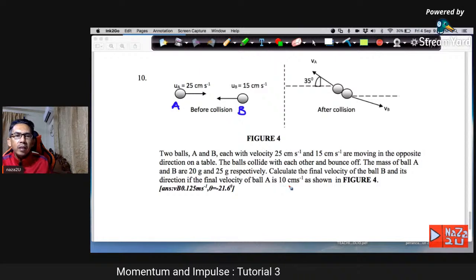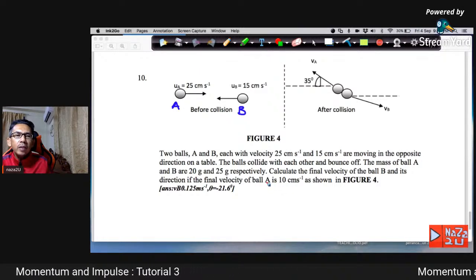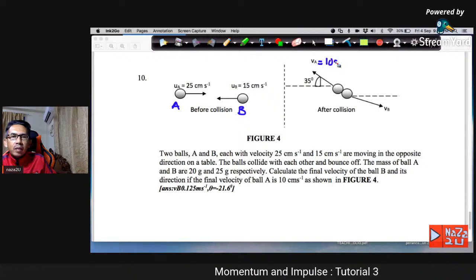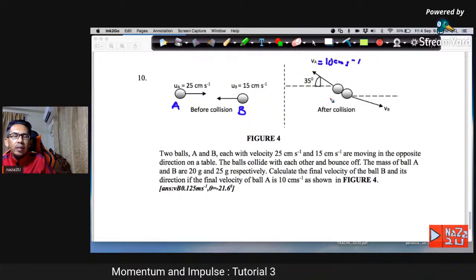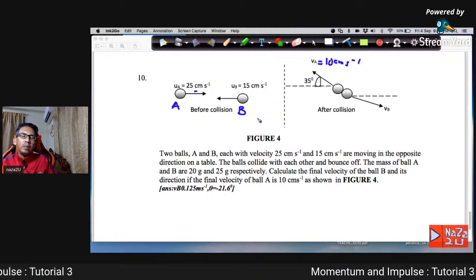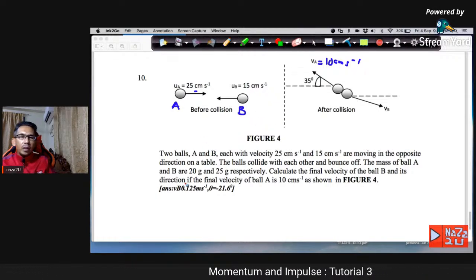Meaning here the final velocity of A is 10 centimeter per second. Because all the units here are centimeter per second, we can use centimeter per second in the calculation.